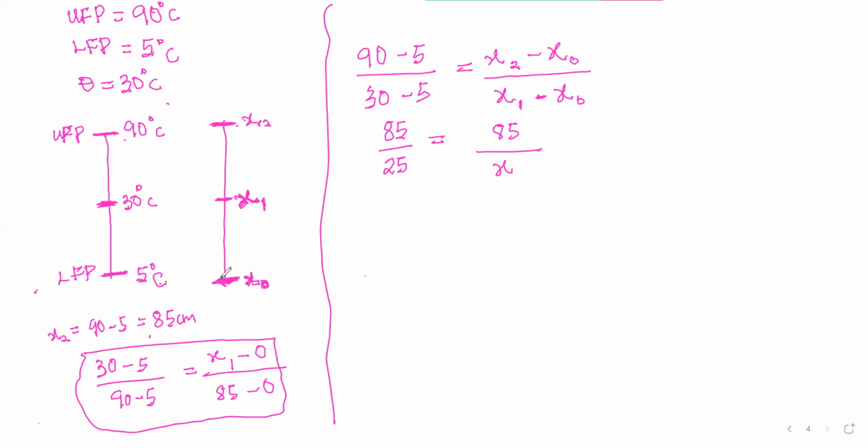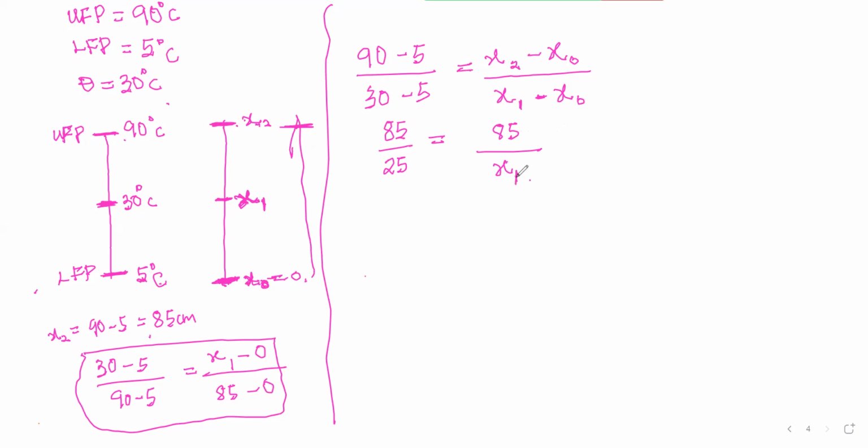Don't forget, in terms of distance, this will go with 0 because it's the difference between this and this. So from here to here will be the same as 85. That is how come we are representing x2 by 85. So clearly, x0 is 0. Are we okay? Yes, sir.